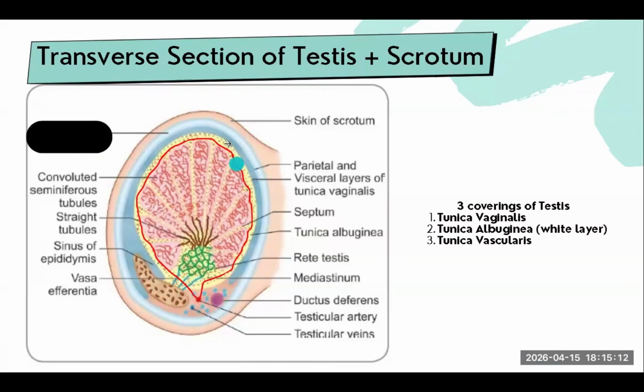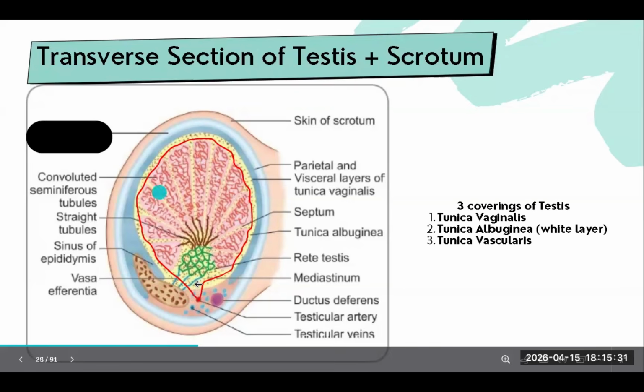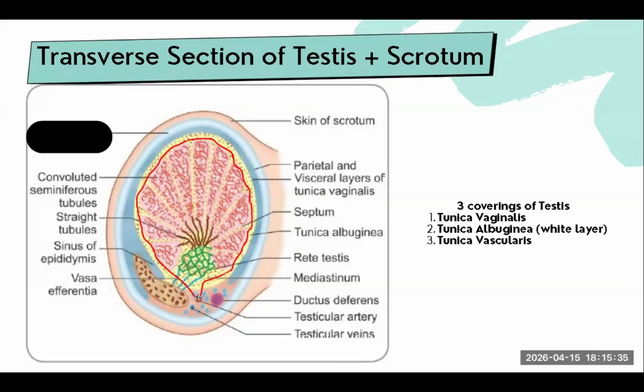Inner to that, we have something known as the tunica albuginea, and albuginea is like Greek for white layer, I think, because it is white. Okay, in this image it's yellow, however, it's white. And then inner to that, you have this unlabeled red circle, because I added it manually, and it's known as the tunica vascularis, okay?